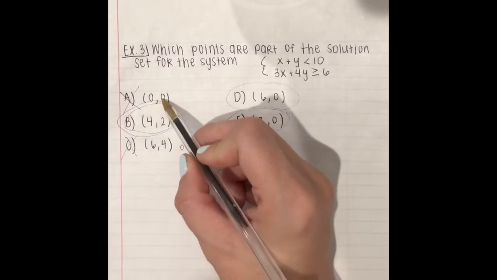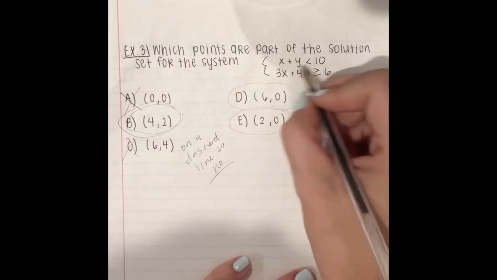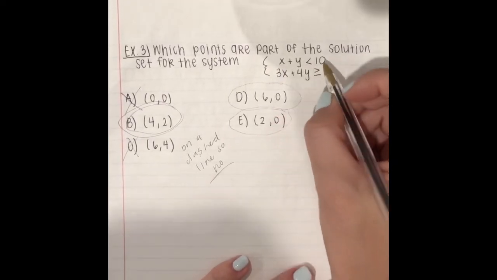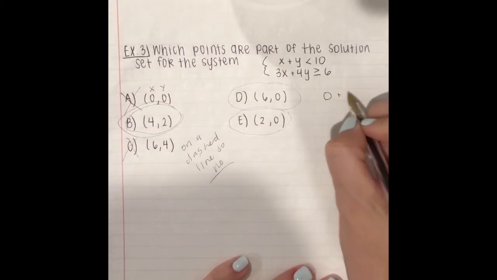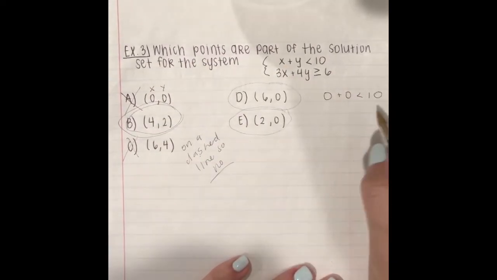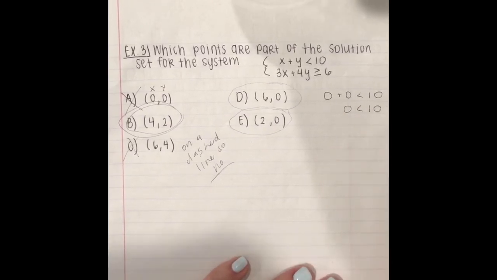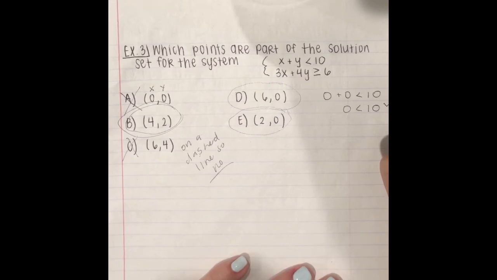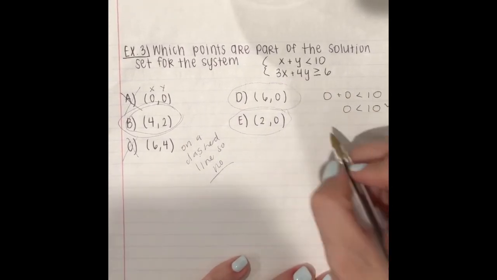So let's plug in A to see why A didn't work, okay? So I'm going to take this first inequality, x plus y is less than 10, and I'm going to plug in 0 for x and 0 for y. So 0 plus 0 needs to be less than 10. Well, 0 plus 0 is 0. 0 is less than 10, so it actually worked out here. Okay, let's check this other one. 0 for x and a 0 for y.